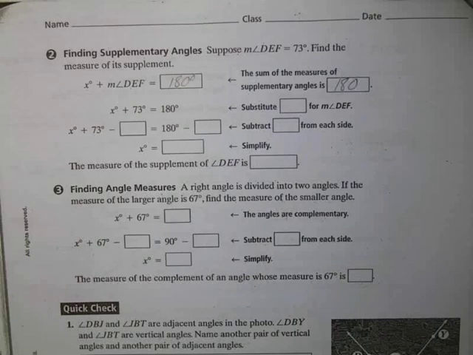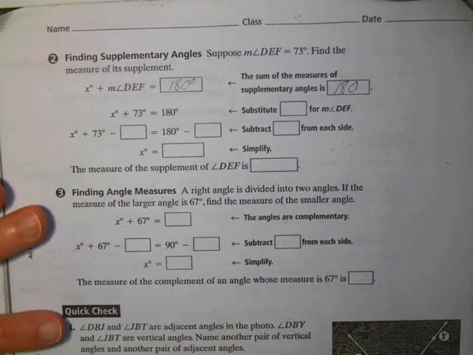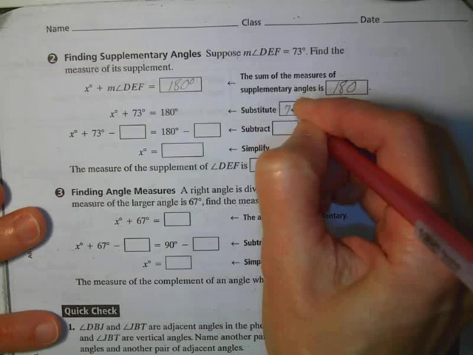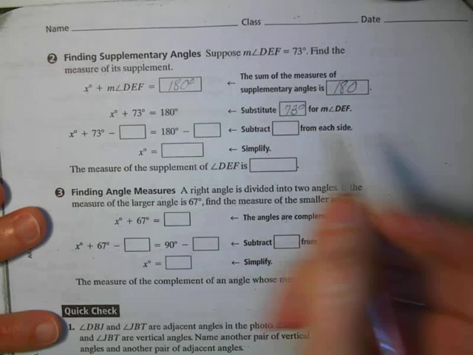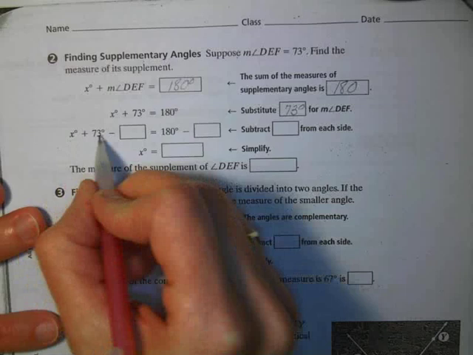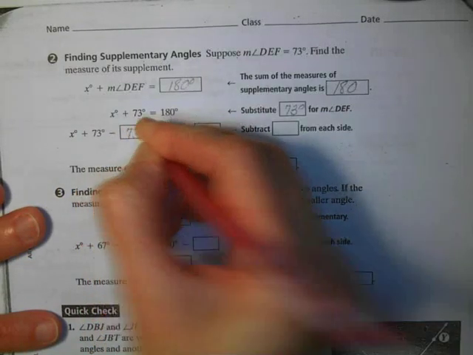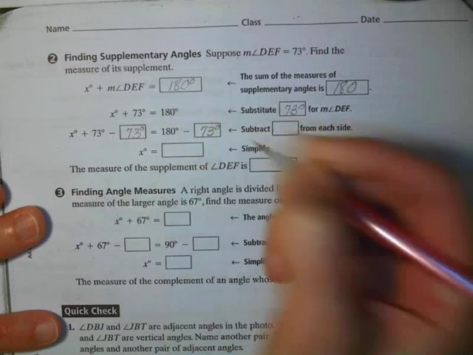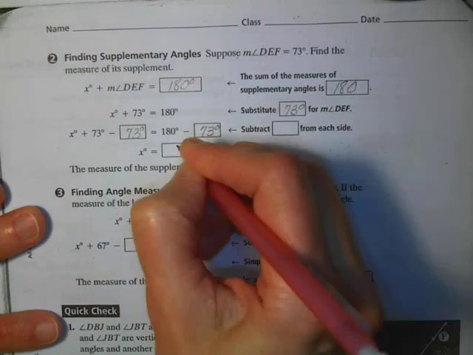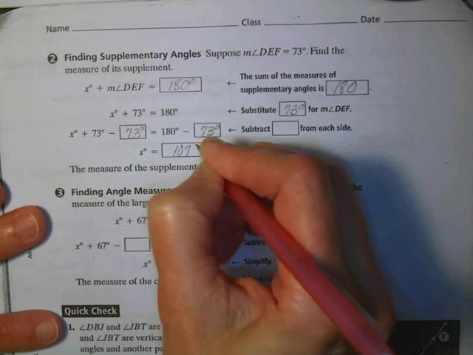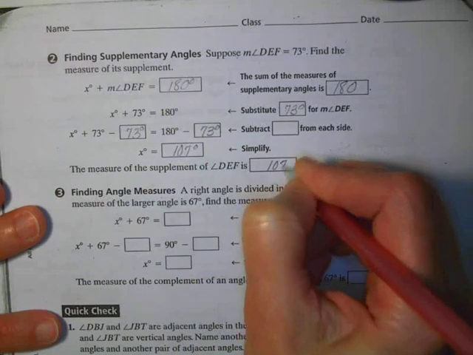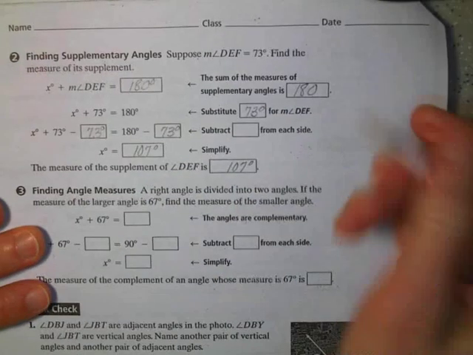So I'm going to back off a little bit on that in this chapter, so enjoy it while you can because it won't last forever. You're welcome to do this algebraically as presented here. We substitute in 73 degrees for the measure of angle DEF, so we get x plus 73 equals 180. We subtract 73 degrees from each side, and so x is 107 degrees.